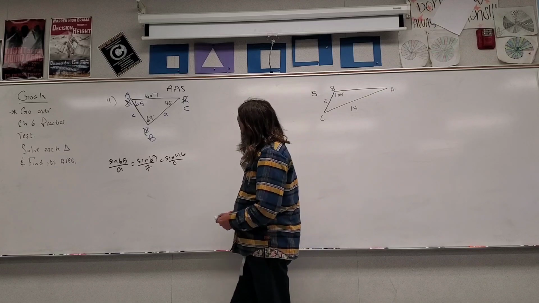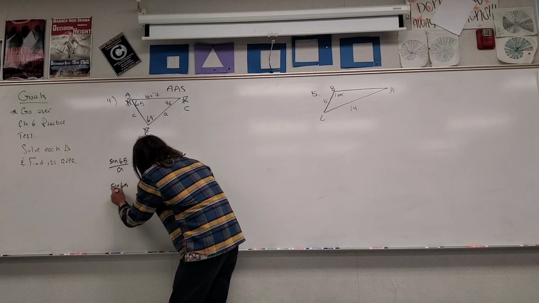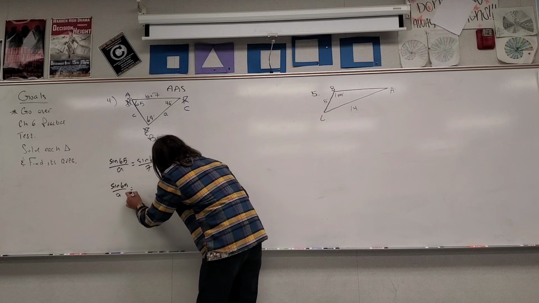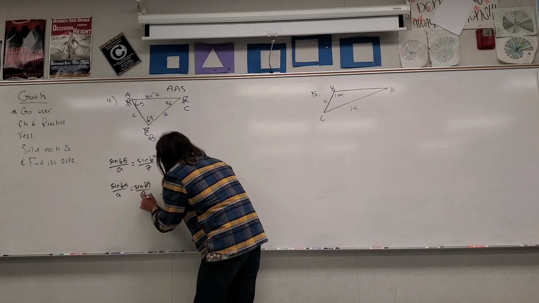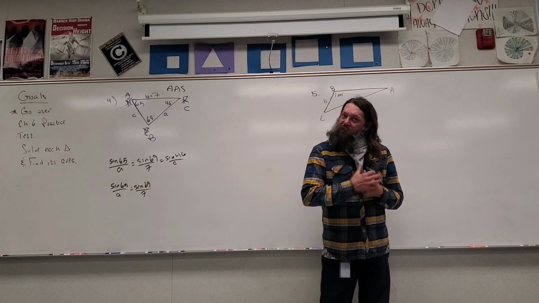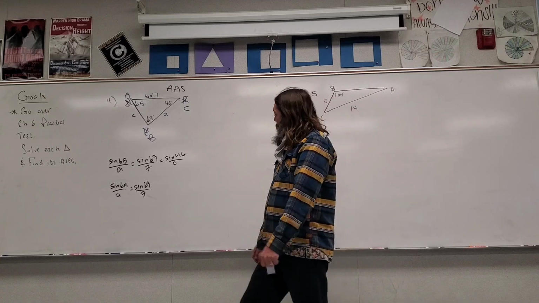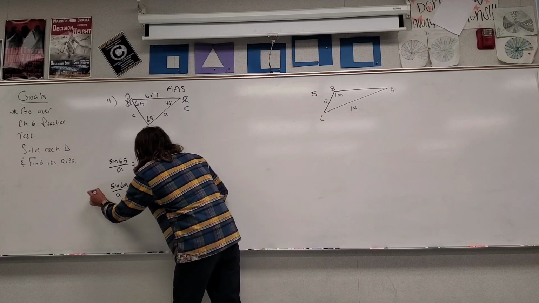So I have the sine of 65 degrees divided by A equals the sine of 69 degrees divided by 7. As I mentioned previously, I have to multiply everyone by the denominator because my unknown is in the denominator.